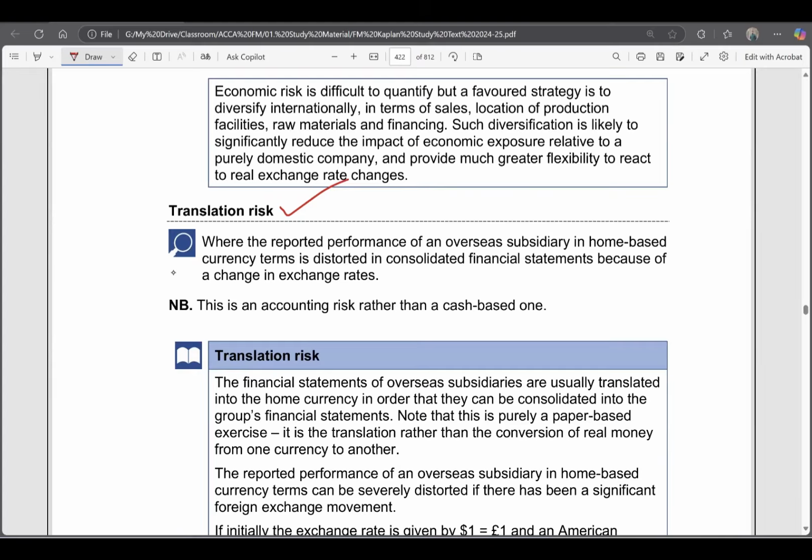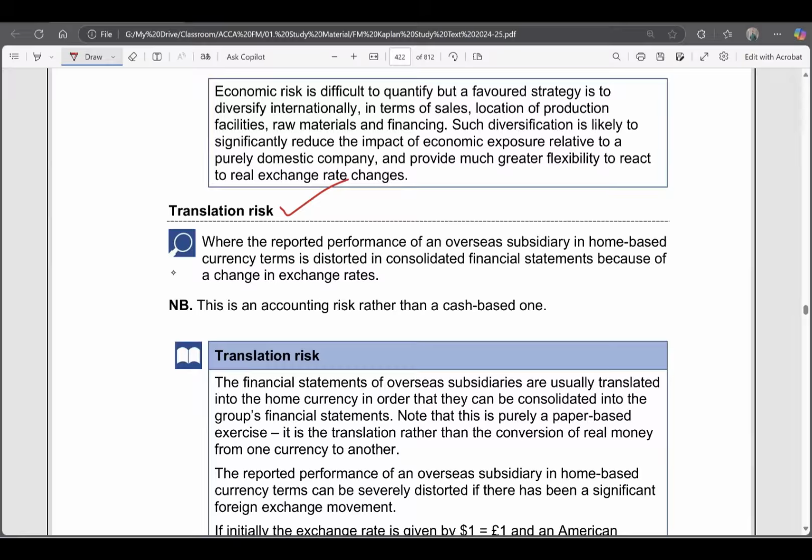Exactly. That's the point I want to raise with you. So translation risk is only associated with the financial statement. You picked the right point. Translation risk is the only risk when you are preparing your financial statement and you have some foreign assets and foreign liabilities.